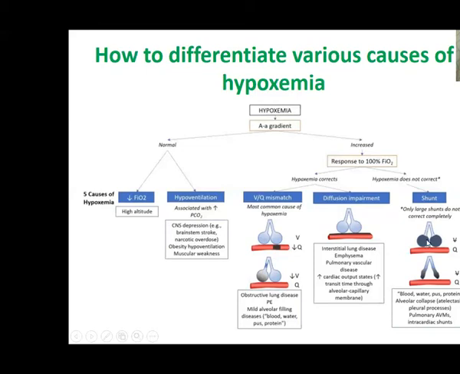So when there is a total imbalance between ventilation and perfusion, that is a shunt, and shunting will not improve no matter how much oxygen you give them. For instance, if there is a major ASD or VSD, all the blood from the right ventricle is going to the left ventricle without getting into the lungs. So no matter how much oxygen you give them, it will not improve. So an advanced form of VQ mismatch is shunting.